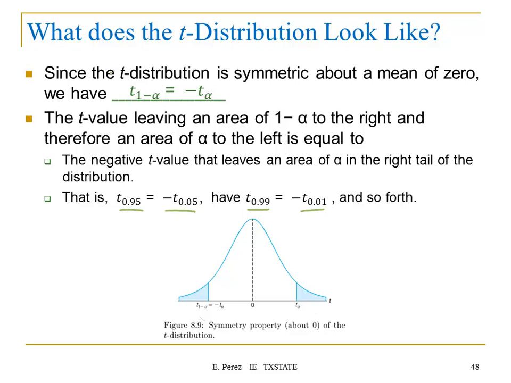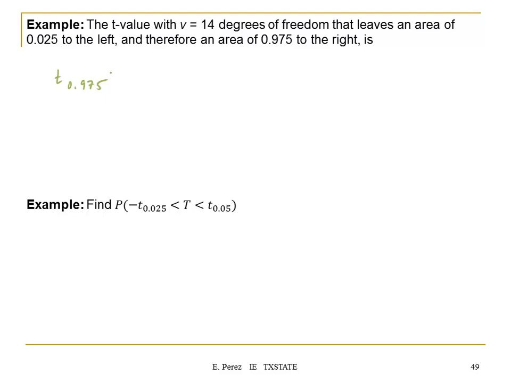So we said that t of 0.975 is equal to minus t of 0.025, and this you can find from the table.